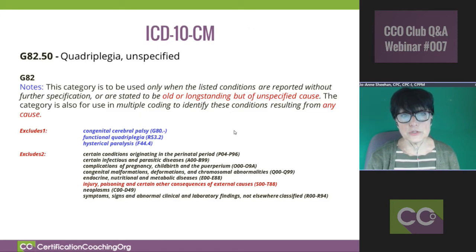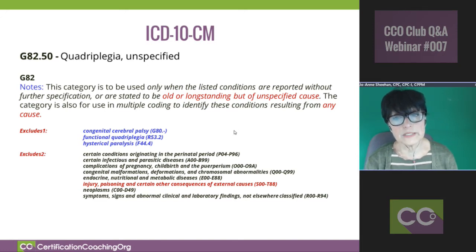Now, the doctors use G82.50, which is quadriplegia unspecified, and they don't get paid. So when you look in one of your websites, such as findacode.com that CCO uses, there's a note that says this category is to be used only when the listed conditions are reported without further specification or are stated to be old or long-standing but of unspecified cause.